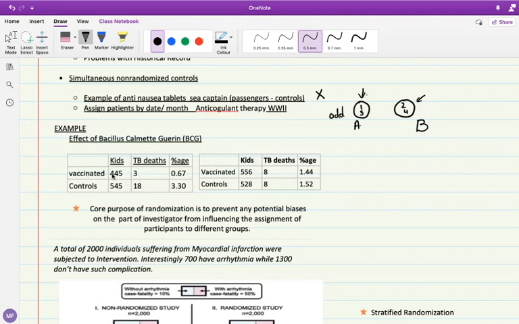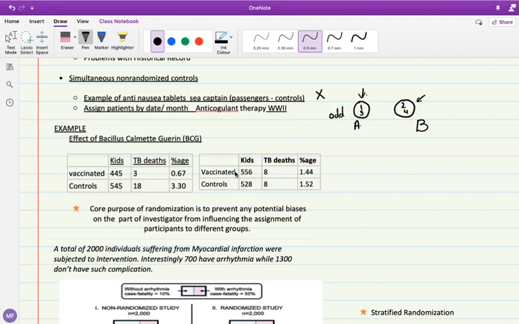Earlier it was administered to kids, and the number of deaths reported was 3, and in controls the number of deaths reported was 18. Now this is an interesting thing, that the administration of a vaccine seems to increase the number of deaths by TB, while we would suppose that the Bacillus Calmette-Guérin is more helpful for the kids. So we say that the vaccine is pretty much effective, but there is a predefined bias which is influencing our results.